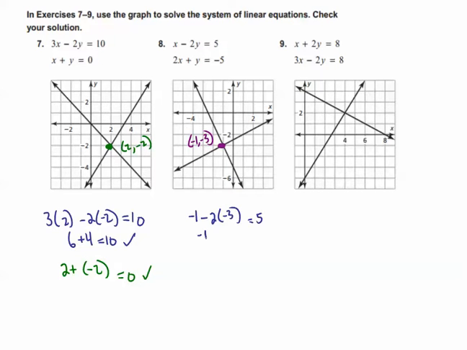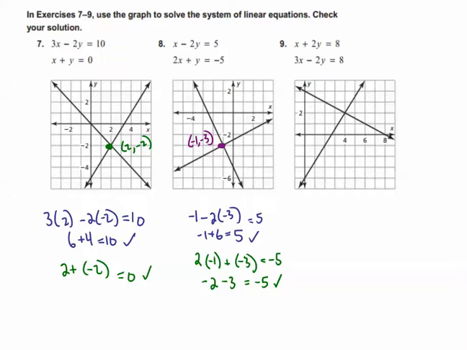We get -1, -2 times -3 is +6, -1 plus 6 is 5, and that checks. Second equation, 2 times -1 plus -3, does that equal -5? We get -2 minus 3, and that does equal -5, so that one checks as well.